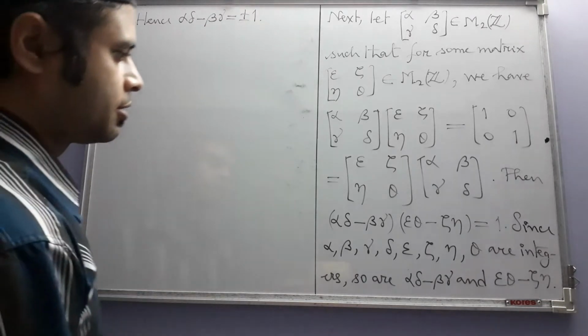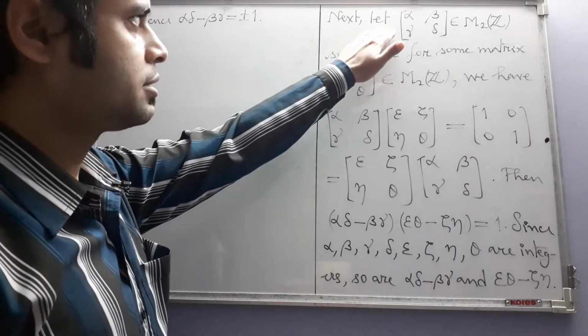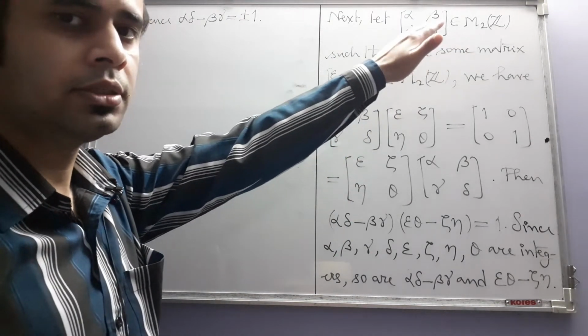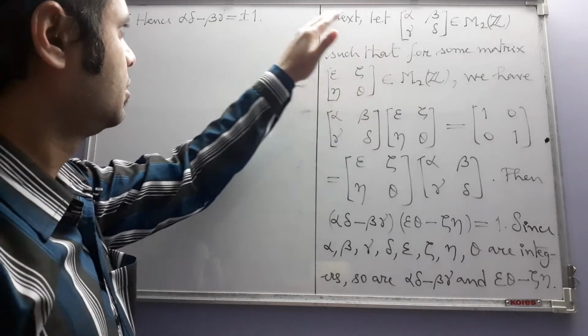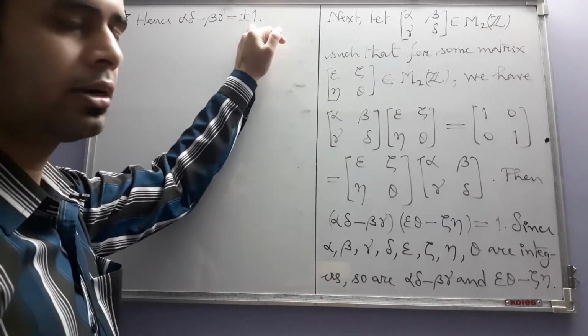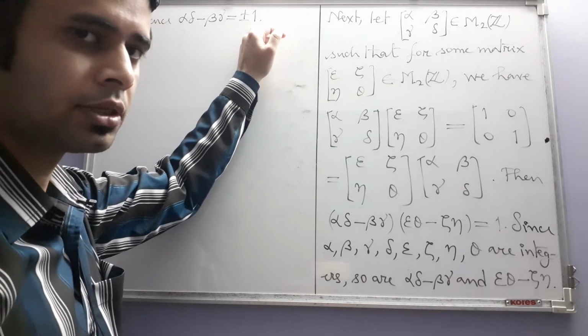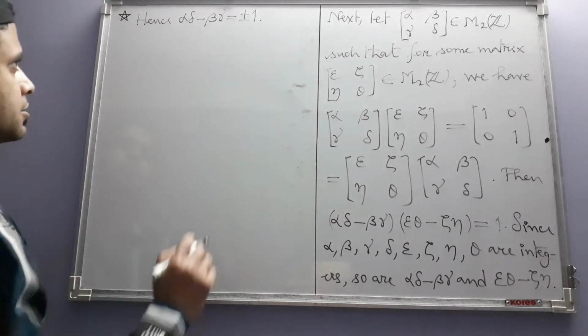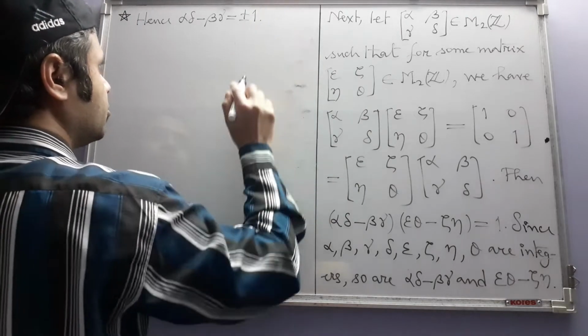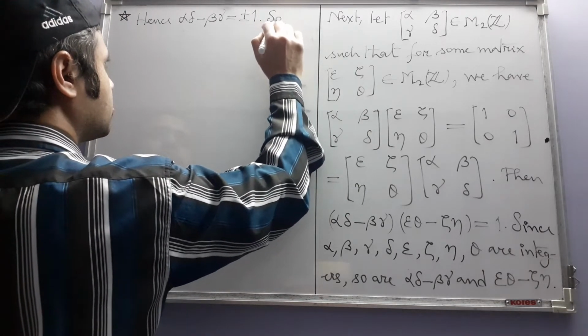This shows that the matrices in M2(Z) which have multiplicative inverses are those matrices which have determinants either 1 or minus 1. So these are the only matrices which will have multiplicative inverses. We can conclude like this.